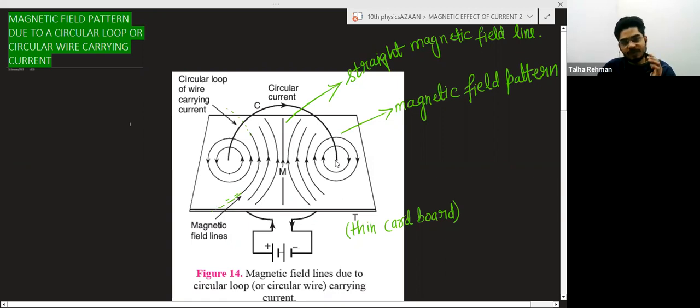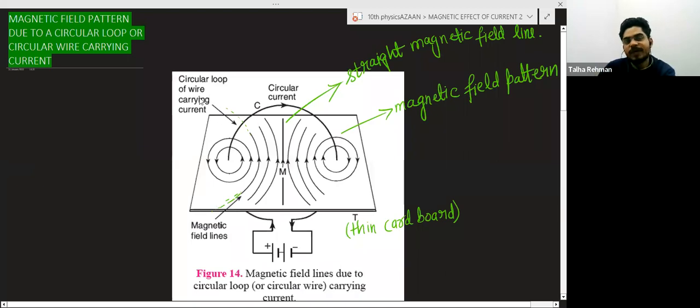There are concentric circles, and when you move from this side to this side, the concentric circle size will increase, and in between, at the center of the wire, there will be a straight magnetic field line.